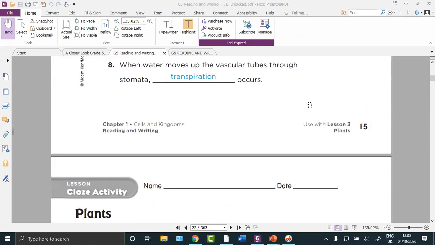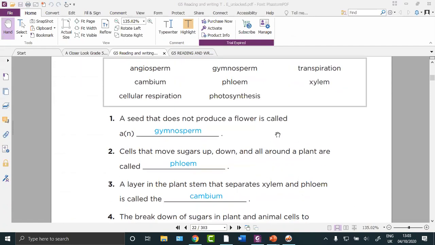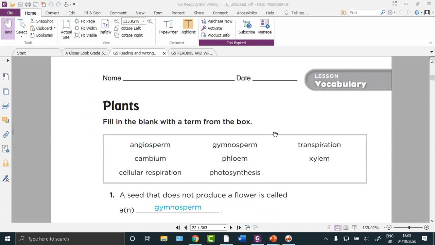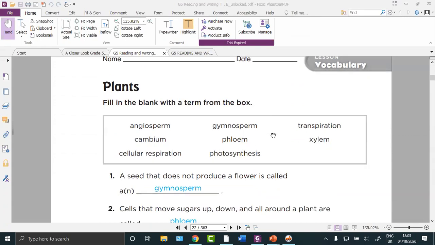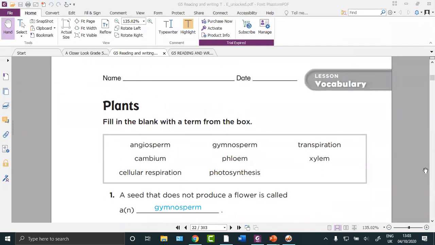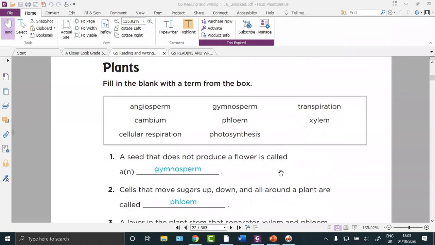Your book is different. Number one, gymnosperm. Number two, phloem. Number three, can I answer? Yes, you can. A layer in the plant stem that separates xylem and phloem is called the cambium. Cambium, excellent.